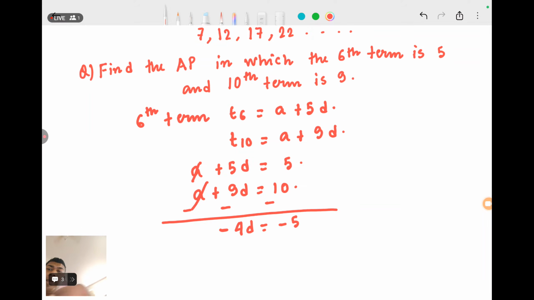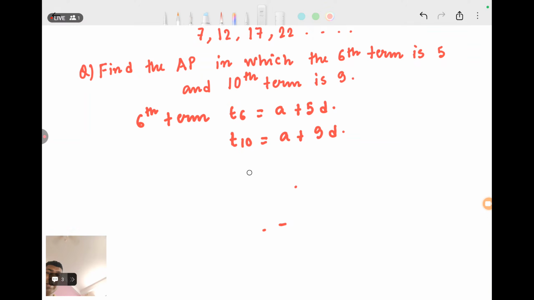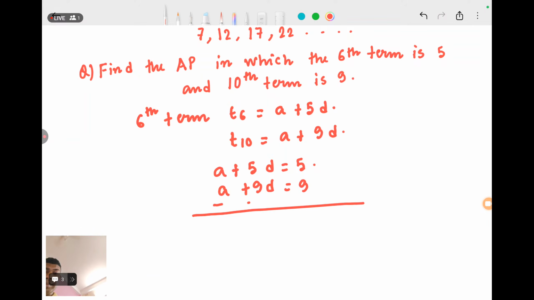The 10th term is given as 9. Very much sorry. It is given as A plus 5D is equal to 5 and A plus 9D is equal to 9. So minus minus minus, so A cancels, it will come as minus 4D is equal to minus 4, that is D is equal to 1.